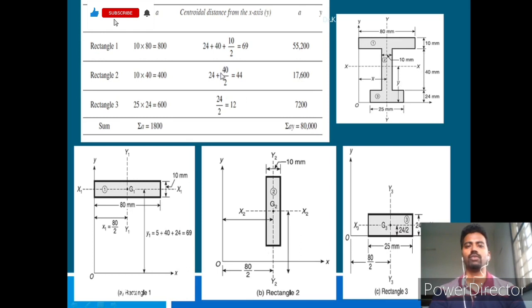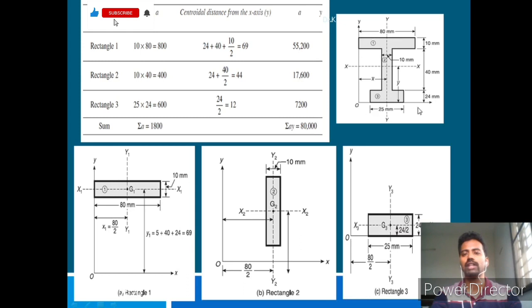So 24 plus 40 by 2 is the centroidal distance y. Then the third section is the bottom flange, which has an overall depth of 24 mm. So the centroidal depth will be 24 by 2, that is 12 mm, and the x distance will be 80 by 2.